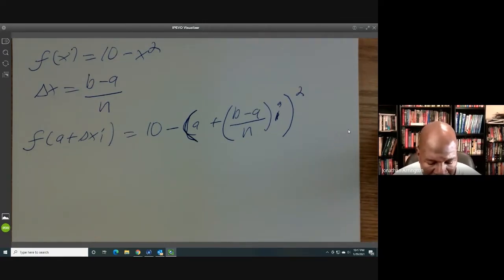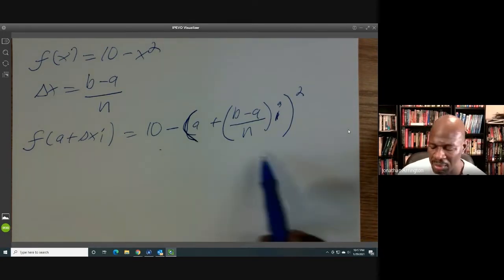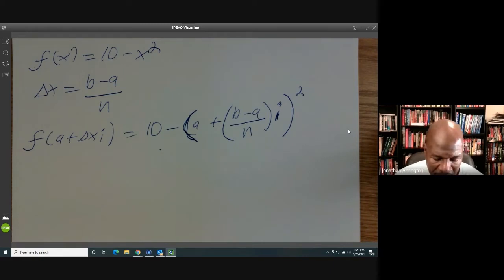The only thing is to really find this summation and this limit, I'm going to need to simplify this a little bit. And it's going to be somewhat of an oxymoron, because when I simplify this, it's going to get way bigger and it's going to seem way more complicated. But trust me, I'm simplifying it as a means of finding the summation and the limits a little easier.